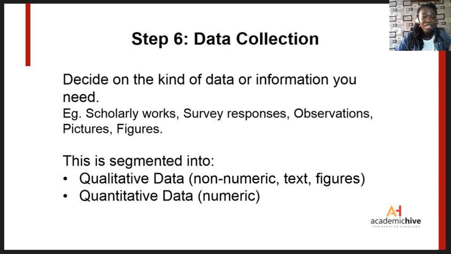Data is segmented into two basic types: qualitative data, which is non-numeric data, that is text, figures, whatever, so long as it's not numeric. And then quantitative data, which is numeric data, even if it's a survey you undertook and then you transcribe this survey to numbers. You're going to see all of this when we get to the data analysis process.